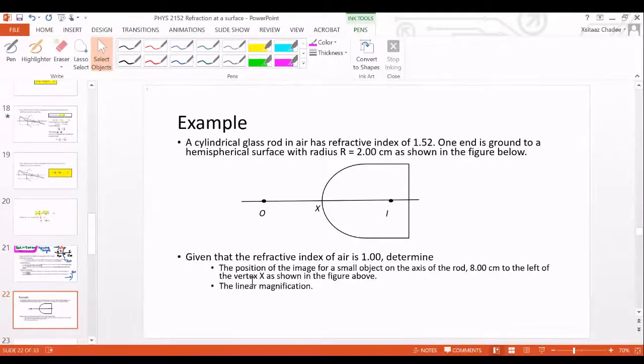So in this case, they're asking for the image of the object to the left of the vertex. So we are just considering one refraction alone. So we use the equation n over s plus n prime over s prime is equals to n prime minus n over r.